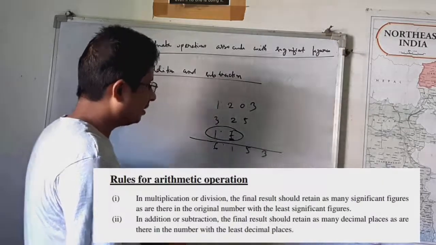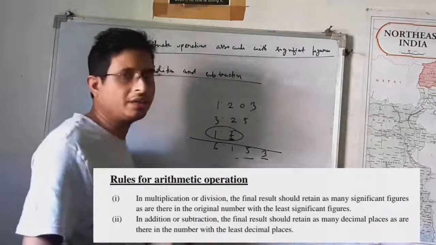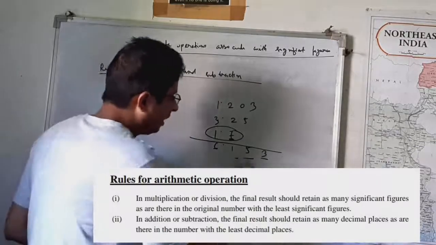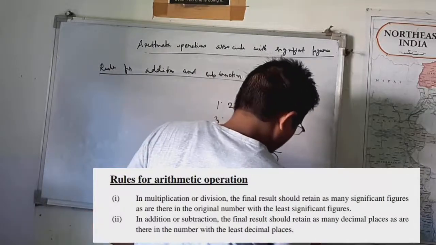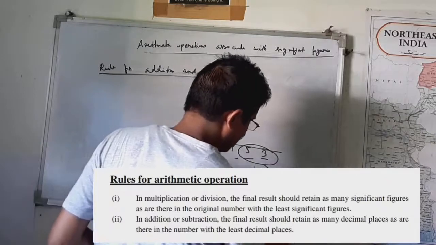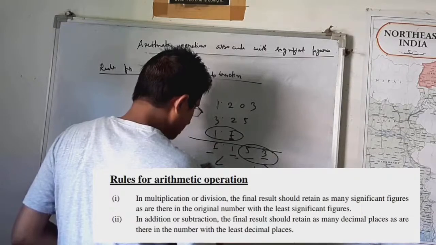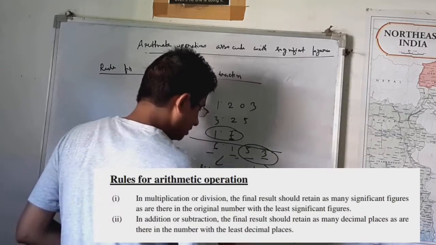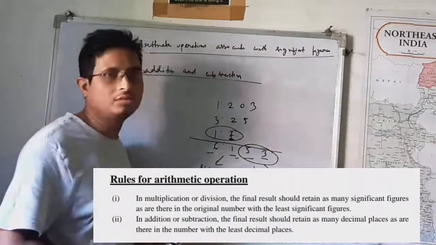Therefore, if I take all the digits as significant, there must exist some error. So we have to neglect these two terms. That means these two are insignificant, and only the remaining terms are significant. A similar rule is applicable for subtraction too.